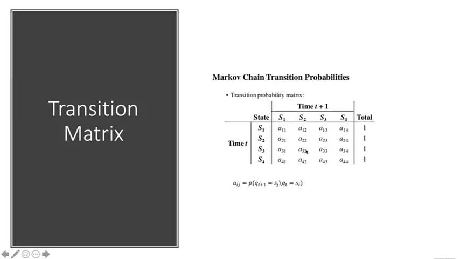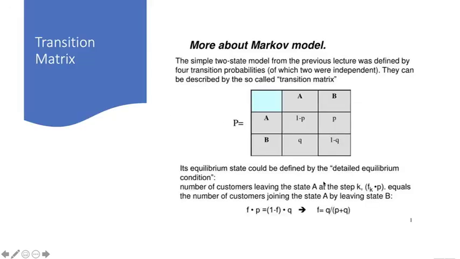So we call it a32, or the probability of S2 given S3. More about Markov chains: the simple two-state model from the previous lecture was defined by 4 transition probabilities. It is called a transition matrix as well.